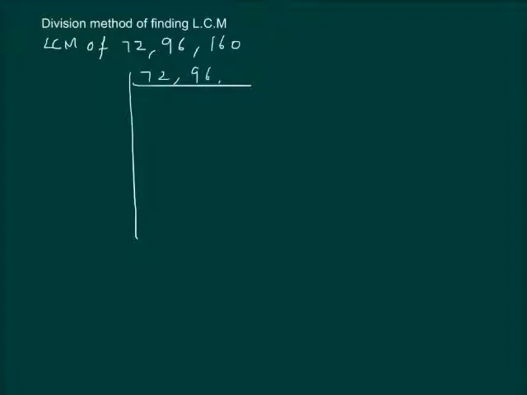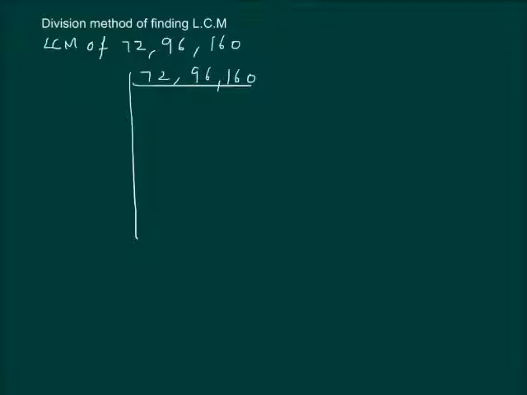Another method of finding the LCM is called the division method of LCM. Say we have to find LCM of 72, 96 and 160. Write the numbers as shown. Divide all numbers by a prime number which divides at least two of the numbers.